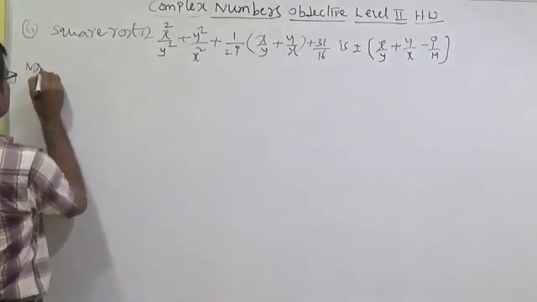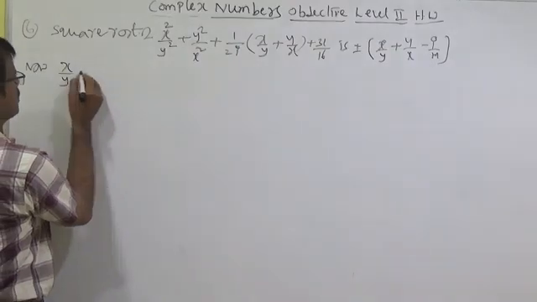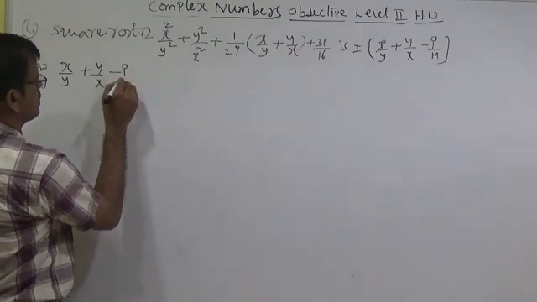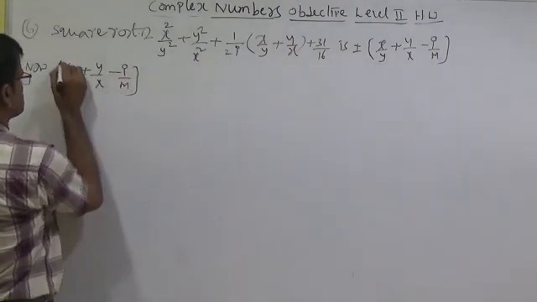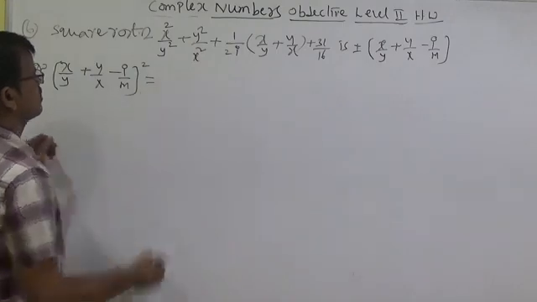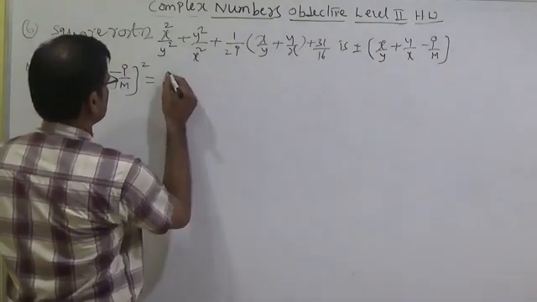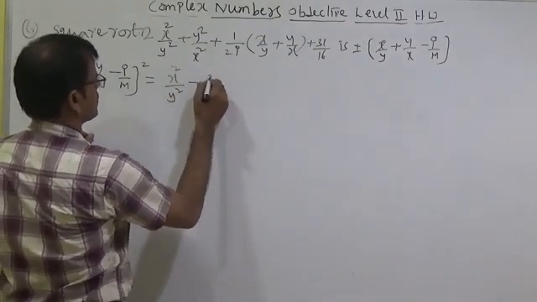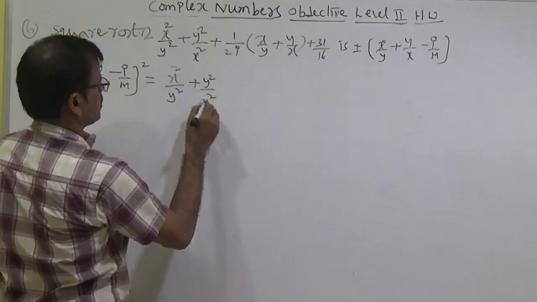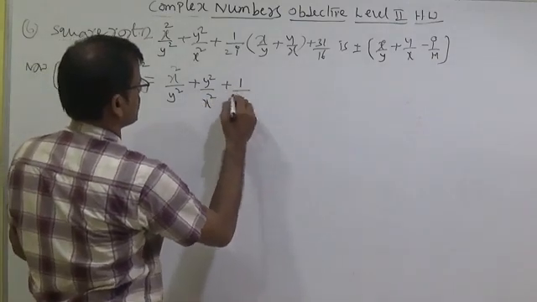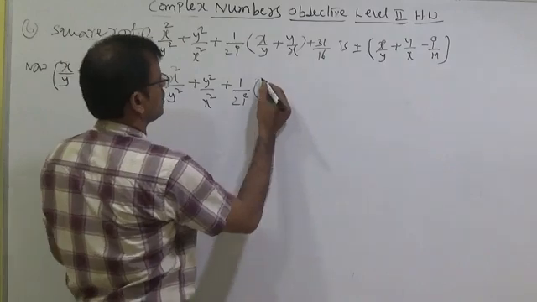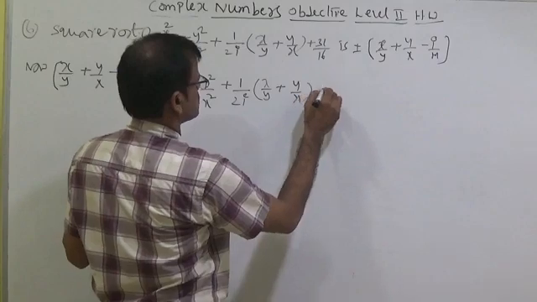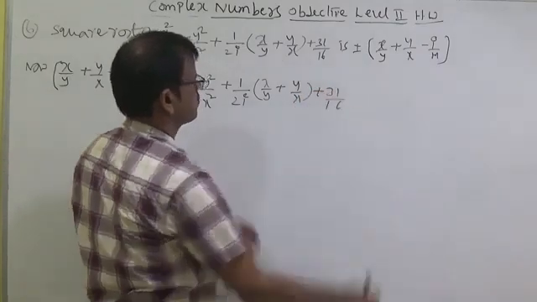Now you should write x by y plus y by x minus i by m whole square is equal to, directly whatever the value given, write the value: x square by y square plus y square by x square plus 1 by 2i into x by y plus y by x plus 31 by 16.